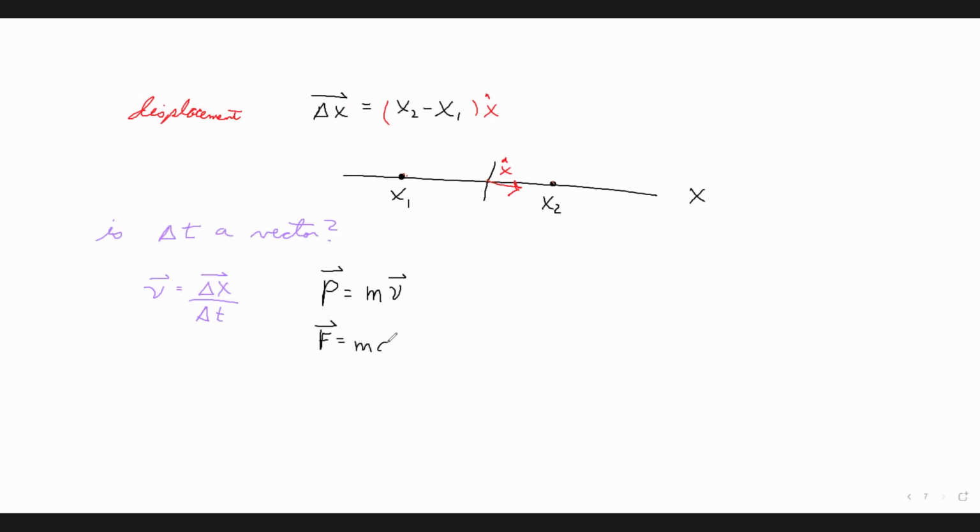Force is m times a. A is acceleration. It is a vector. It's the rate of change of velocity. Since velocity is a vector, obviously acceleration is a vector. We'll look at things like angular momentum and torque, which are defined in a more complicated way that we'll get to in a moment. So those are the kinds of things that we'll study in terms of vectors.